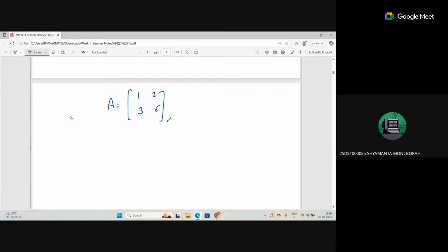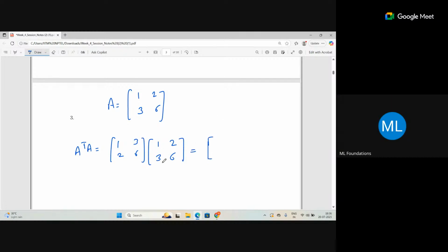Then we have to find A transpose A. A transpose is basically 1, 3, 2, 6, and A will be 1, 2, 3, 6. So this is a 2 by 2 matrix again. That will be 1 plus 9, which is 10.